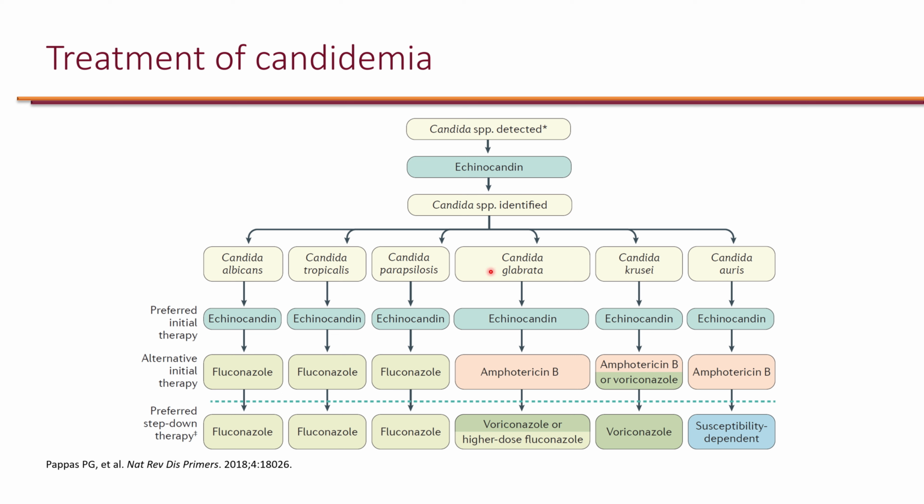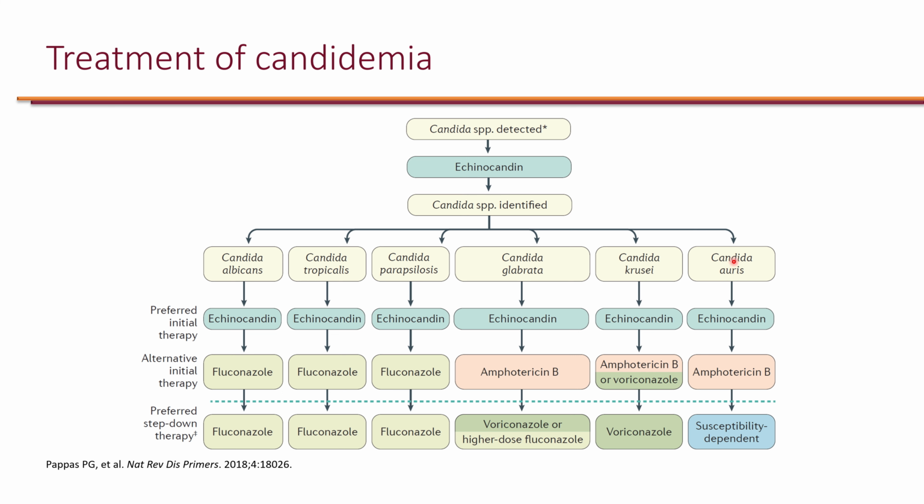If glabrata MICs are too high for echinocandin, even empirically, we may need to go to amphotericin B. But then for step down, either voriconazole or high dose fluconazole. Krusei, of course, voriconazole is the only option.